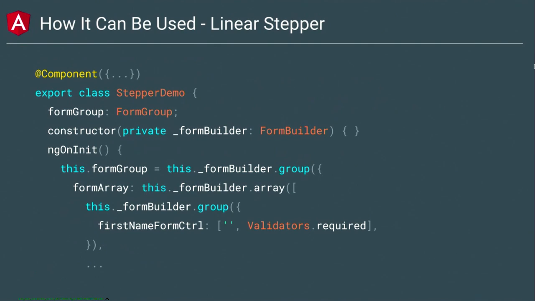And inside the TypeScript file, they would create the form group or the form array depending on which of the two approaches they choose to go with. And using the form builder is not required. You can either choose to build it with the form builder, or you can just create independent form groups on their own.